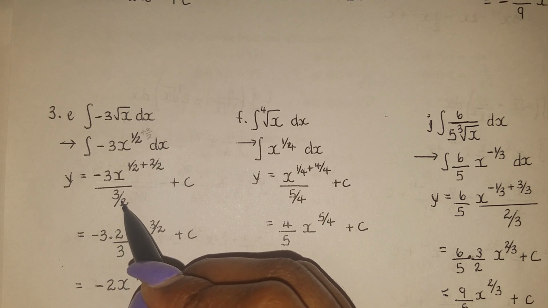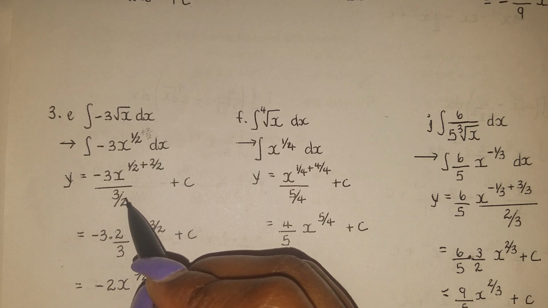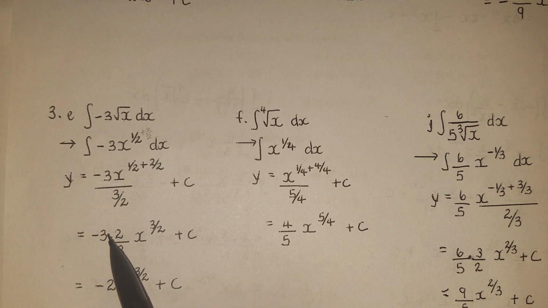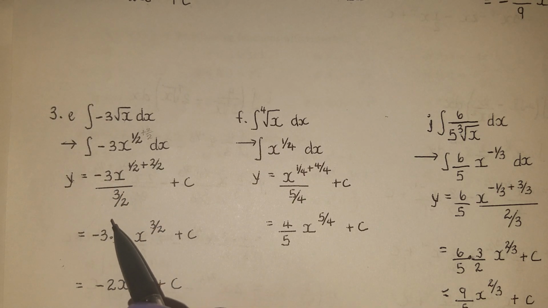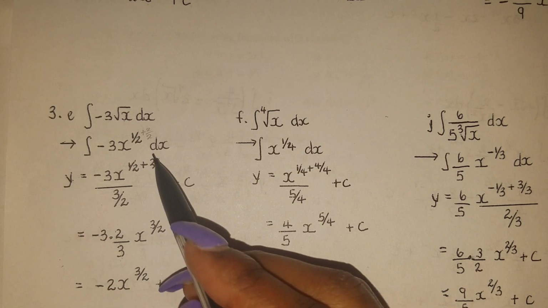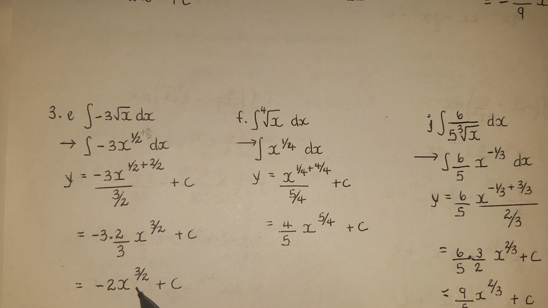This 3 over 2, like we did earlier, goes up as 2 over 3, and now we have negative 3 times this 2 over 3, and these 3's will cancel, making it a negative 2, and then the x raised to 3 over 2 goes back like we had initially. So now our answer is negative 2x raised to 3 over 2 plus c.